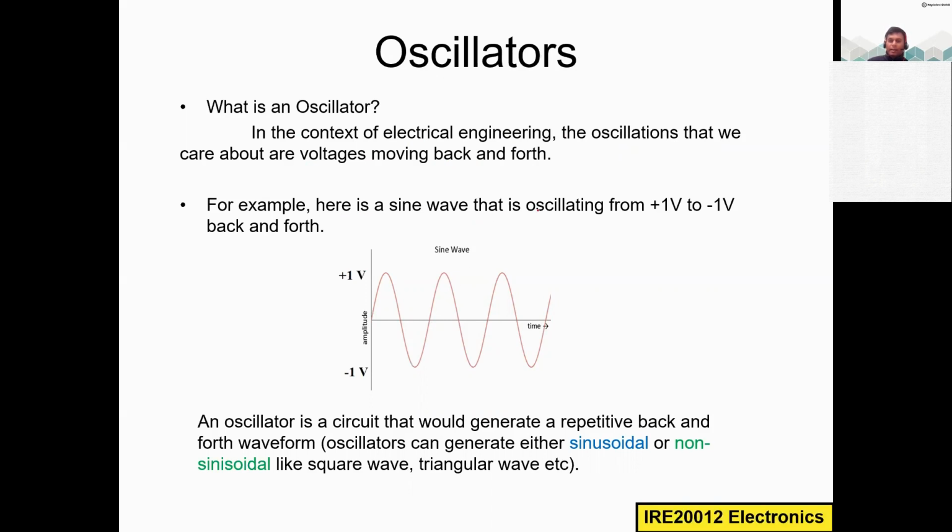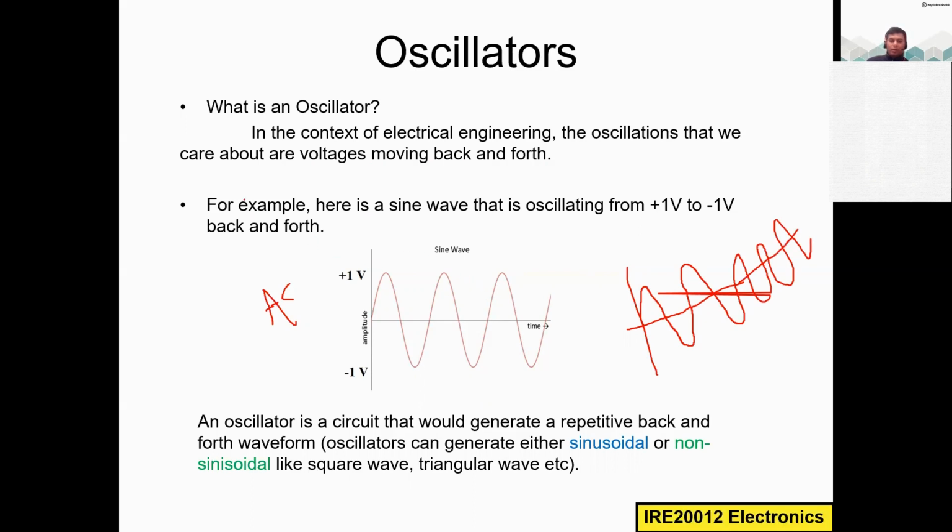That is oscillating from plus 1 volt to minus 1 volt back and forth. This is the AC voltage, the AC signal. The signal is now on the positive side, and then it moves to the negative side, and then it will go back again to the positive side, and then back to the negative side. Back and forth, back and forth. This is called oscillation.